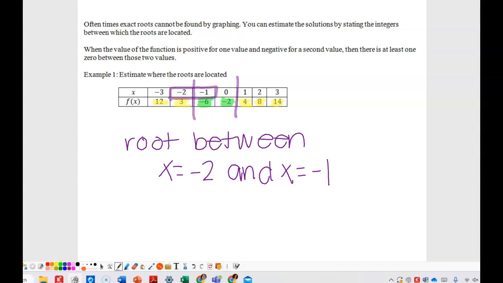It's important that you list the x because it's not the y's that it's between, it's the x's. That means here that there is a second root between 0 and 1.